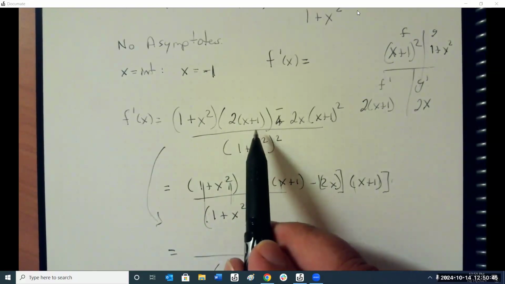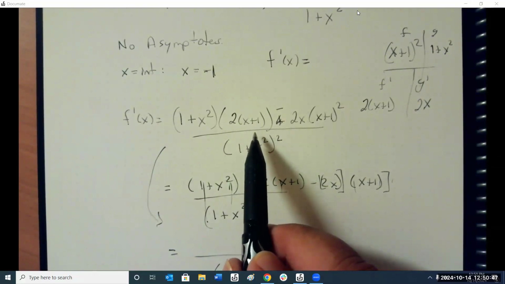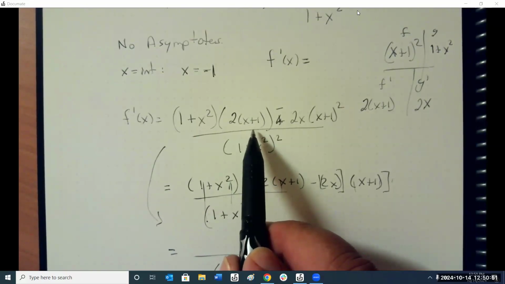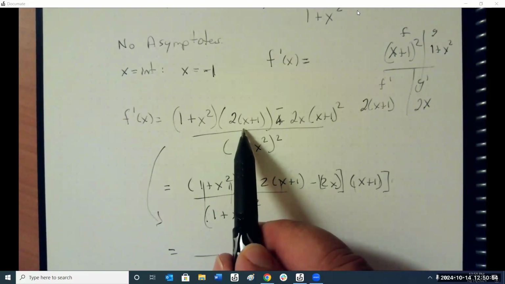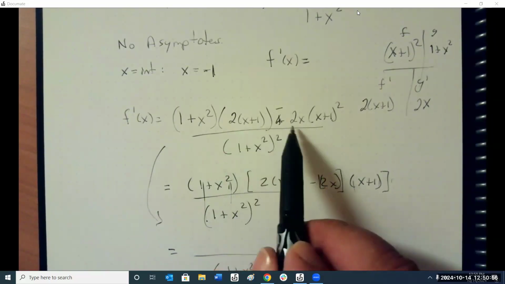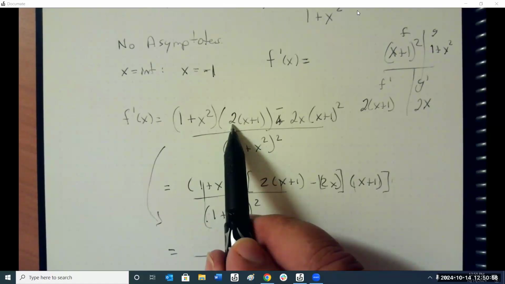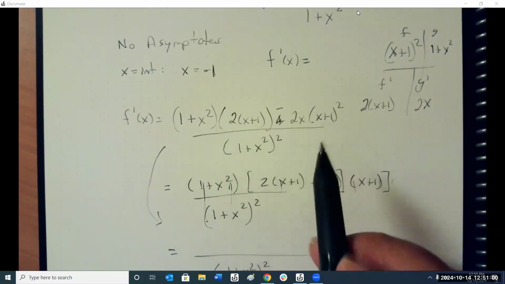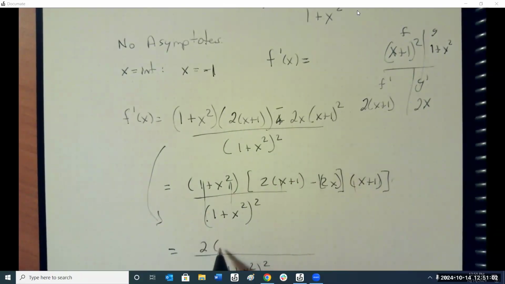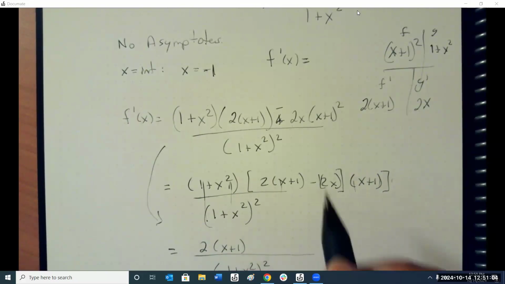So now I can take out, they both have a 2, and they both have an x plus 1. So I could take out a 2 times x plus 1.